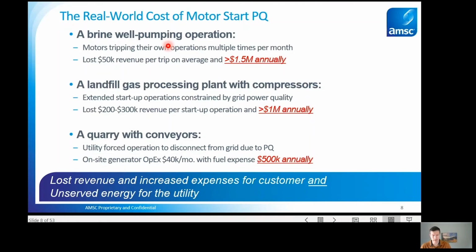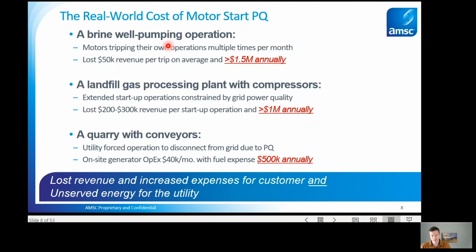Another example, a landfill gas processing plant. So this is a landfill converted to supply natural gas now in the wholesale market, which is happening more and more with landfill methane. So basically, this is also a case where you just want to keep pumping natural gas into that pipeline and have that revenue stream there.